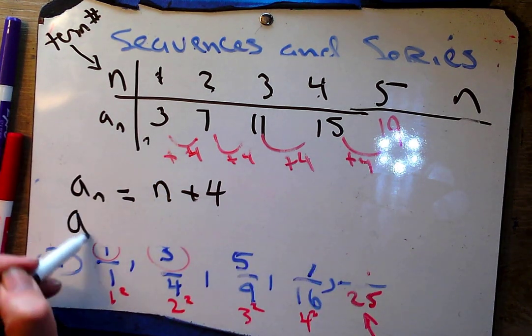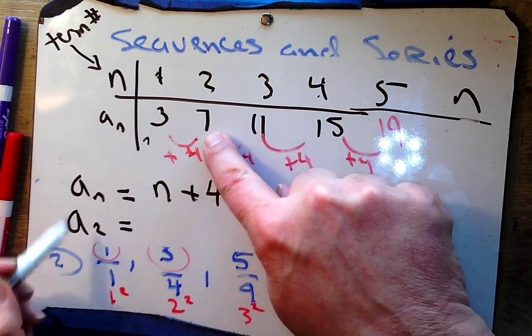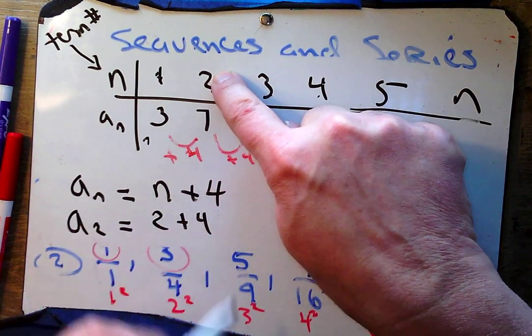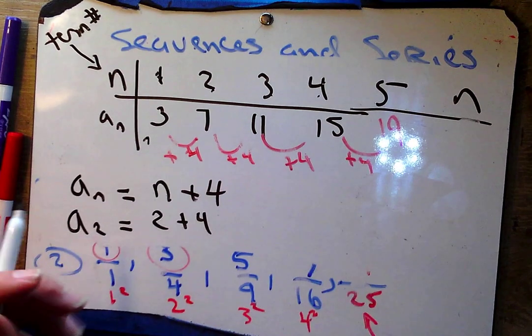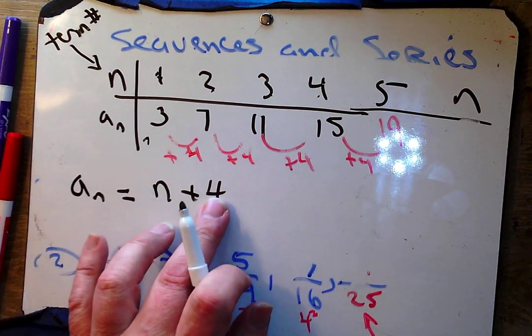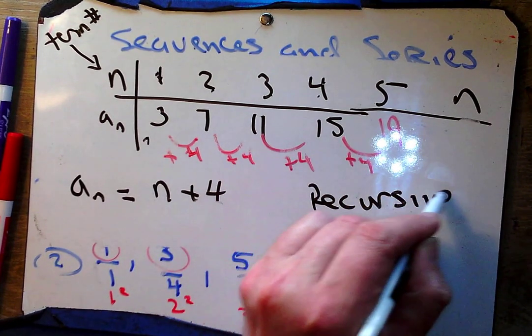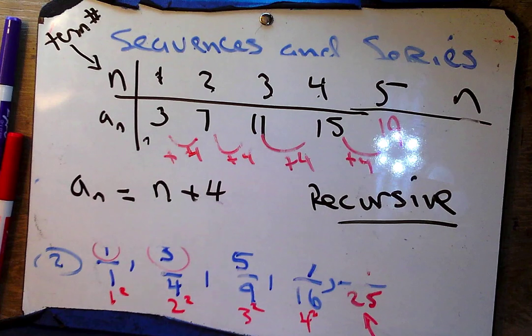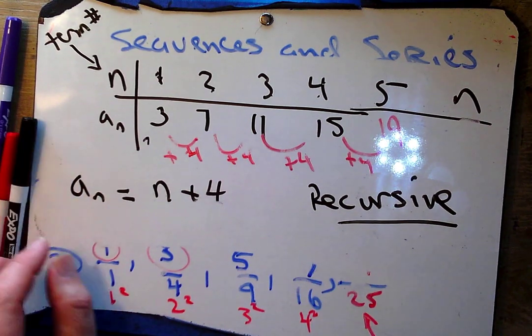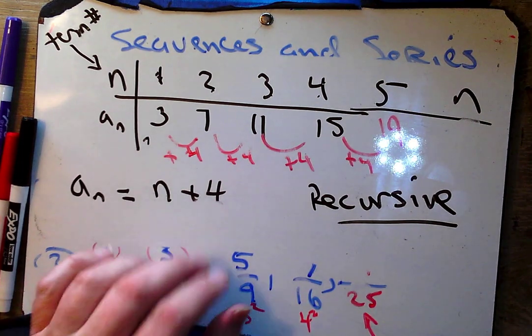If I want a sub 2, I'm supposed to take 2 plus 4. No, that's 6, not 7. There is a way to write the rule like this, but that's called recursive. I'm going to do recursive with you a little later in this video, but really it's not something I want to do.